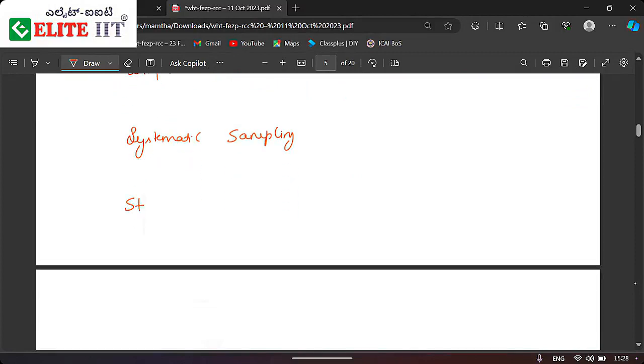This is all under random sampling, that is, probability sampling. Then stratified random sampling and cluster sampling. So these are the four major types we are going to get in random sampling. Now let us briefly look into all of this.